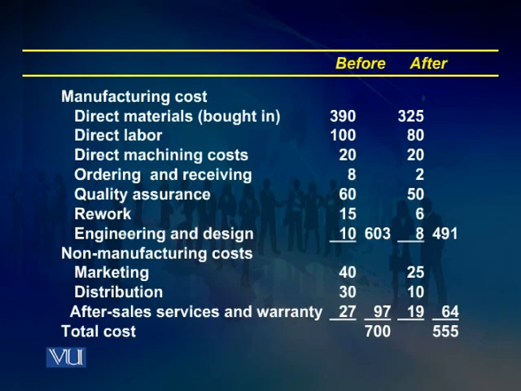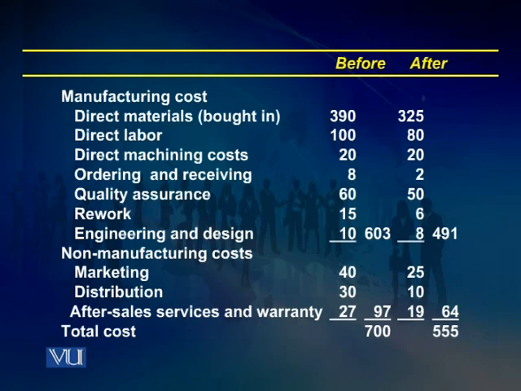Direct materials which were bought in at 390, direct labor 100, direct machining costs 20, ordering and receiving 8, quality assurance 60, rework. Rework means where you produce faulty product and the product then once again has to be amended and altered and has to be corrected so that it can be sold as a good product.